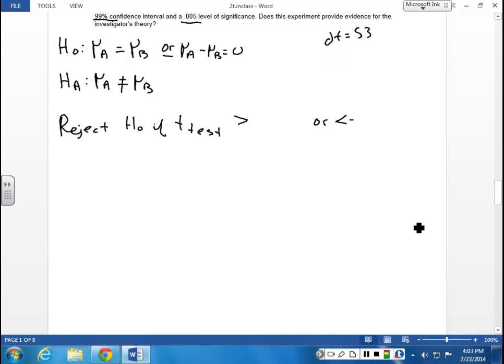Okay, so back down here. We had said that we would have 2.672 there.